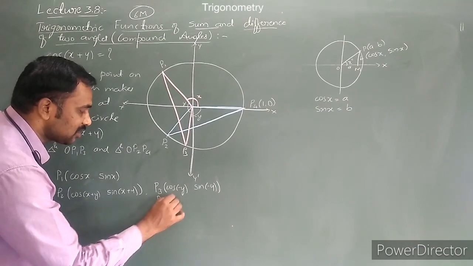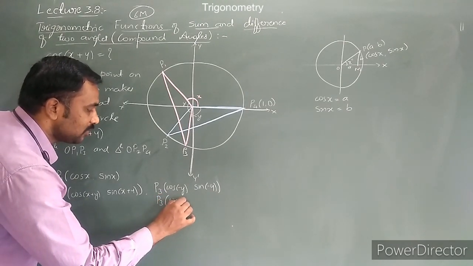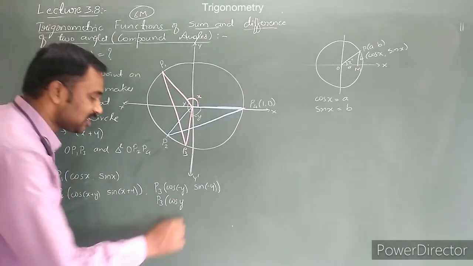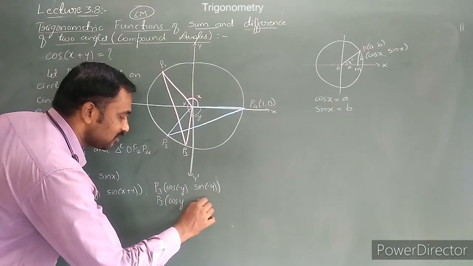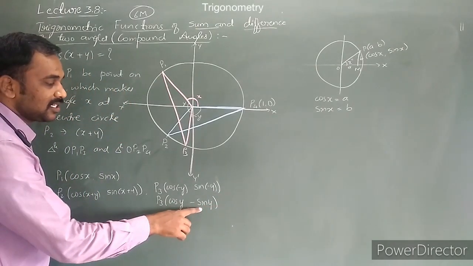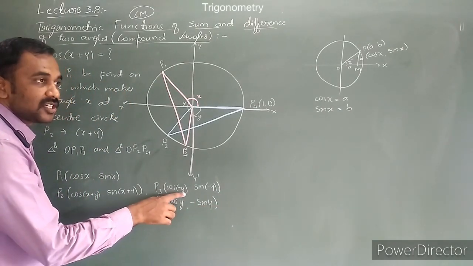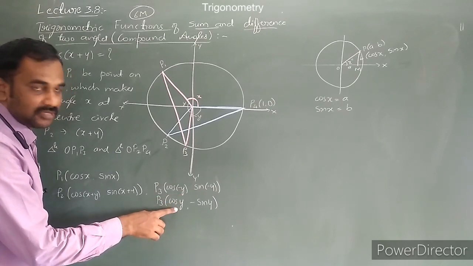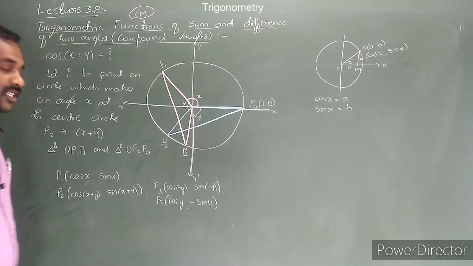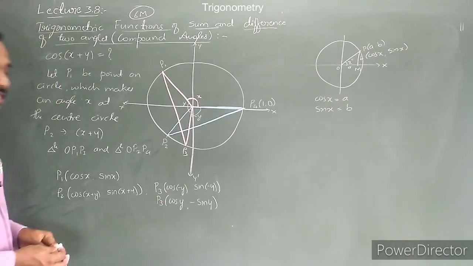Or else we can write P3 as: cos of minus theta is cos theta, and sin of minus theta is minus sin theta. So cos y, minus sin y. Why is it so? Using the cos of minus theta formula, cos theta, and the sin of minus theta formula, minus sin theta. This is the coordinate of P3.